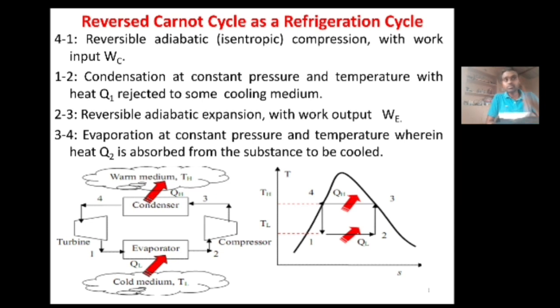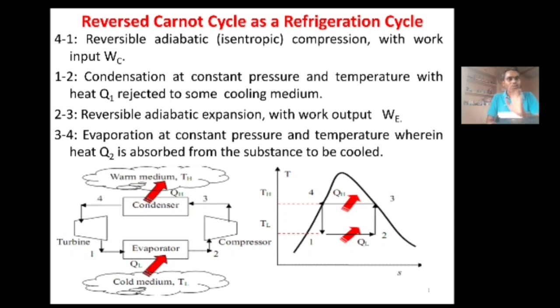Now we also know by default that all the four processes involved in the Carnot cycle are reversible processes. That means the whole cycle can be reversed, isn't it? So if I reverse the Carnot cycle, it becomes this reversed Carnot cycle. The function also becomes obviously reverse. So earlier it was functioning as a heat engine, now it functions as a refrigerator or a heat pump.